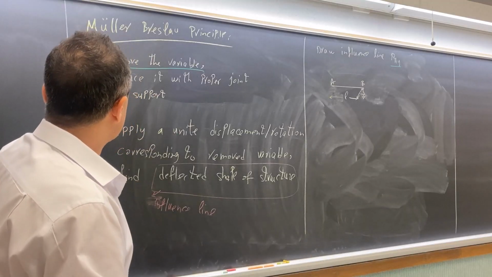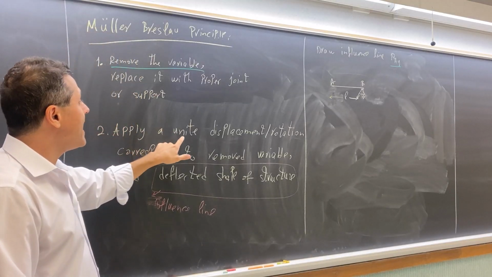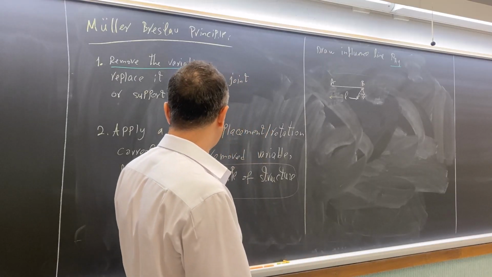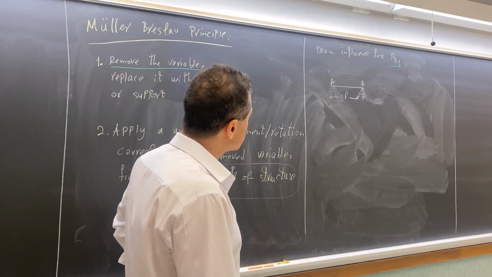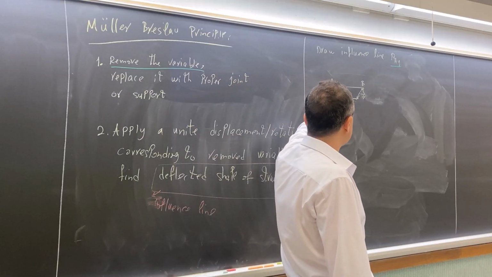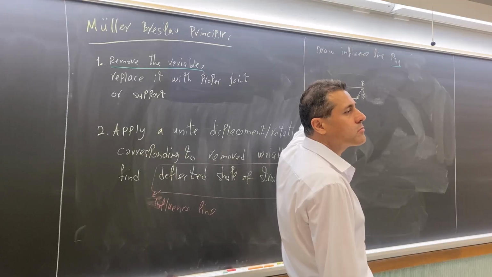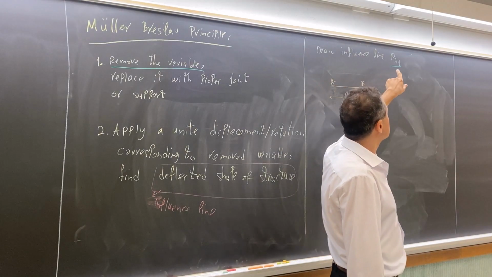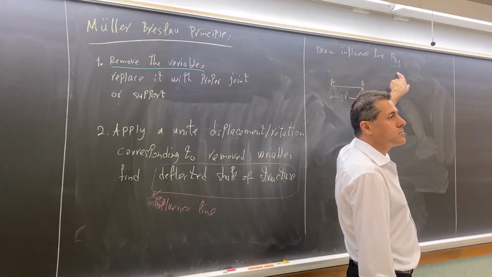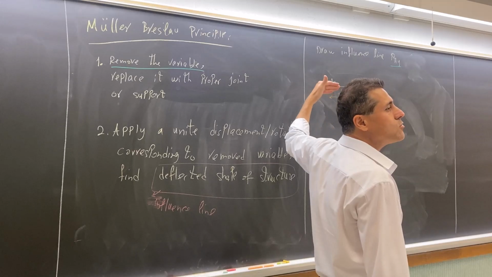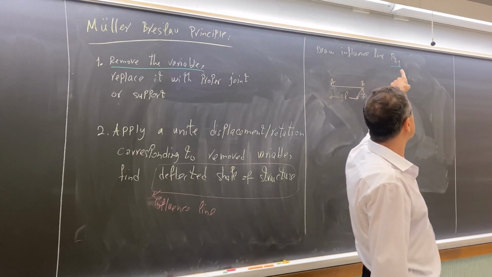Now, second step, apply a unit displacement or rotation corresponding to the removed variable. Alex, was the removed variable a horizontal or a vertical reaction or a moment? Which one? It was a roller, right? Yes, but was it a vertical reaction or horizontal reaction or a moment?